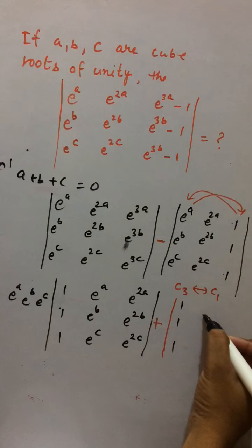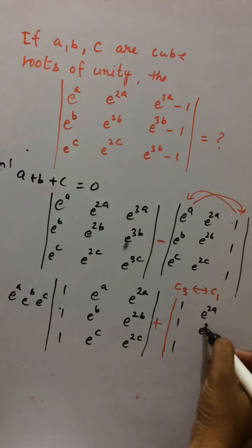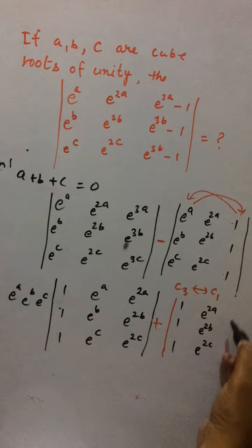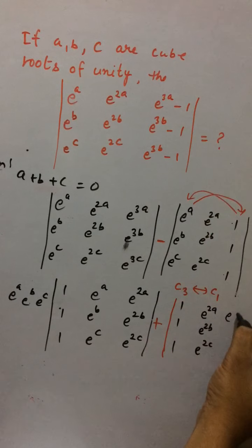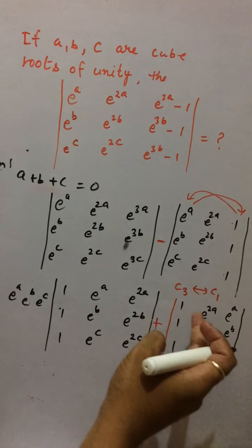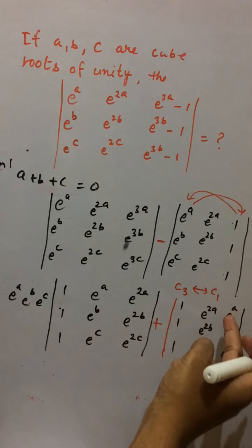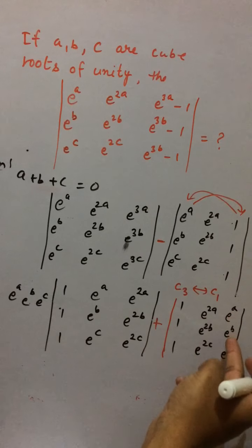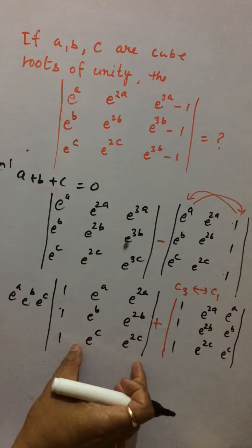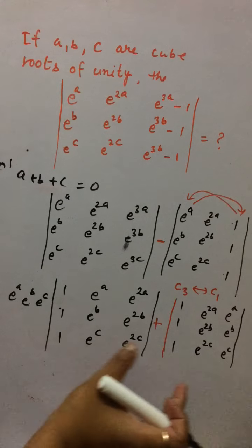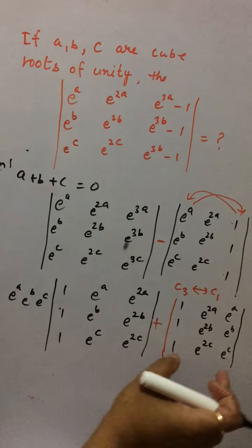So 1 1 1, e raised to power 2a, e raised to power 2b, e raised to power 2c, no change, but we are interchanging e raised to power a, e raised to power b, e raised to power c. What we need in the second column is e raised to power a, e raised to power b, e raised to power c, because we need to make a similar result here also.